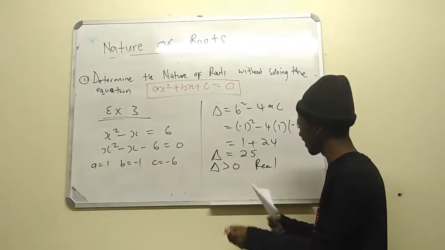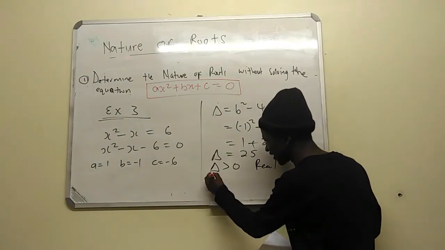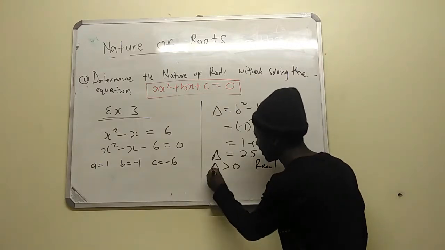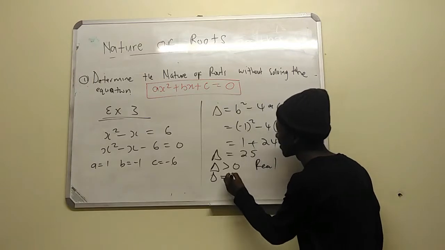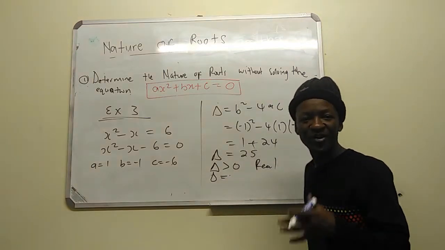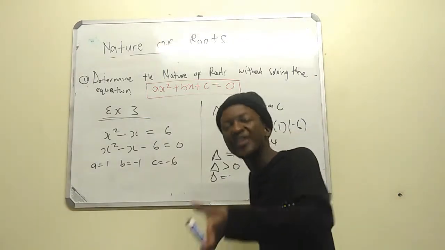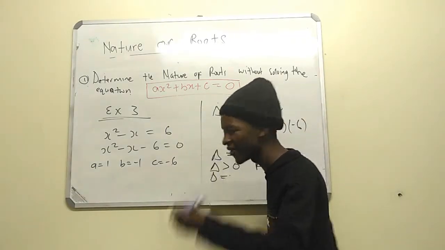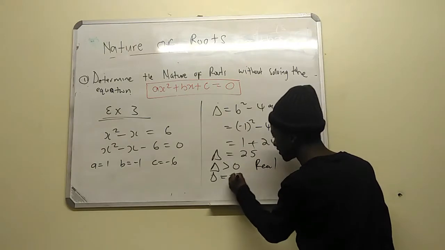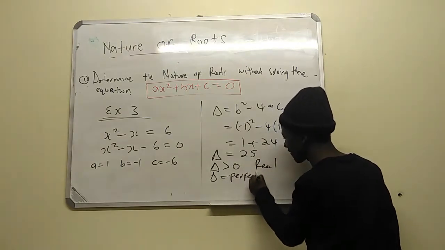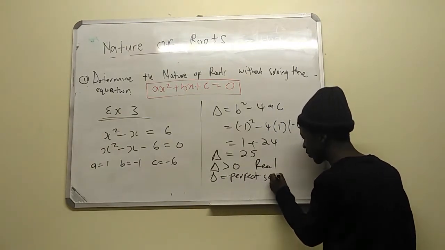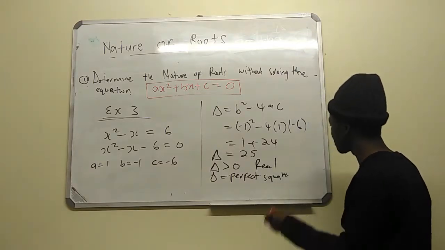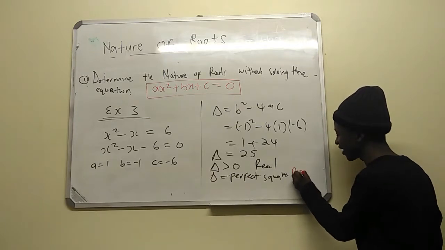So when we go further, the square root of 25 is 5. So it means this is a perfect square. And you know that a perfect square tells us the roots are rational.